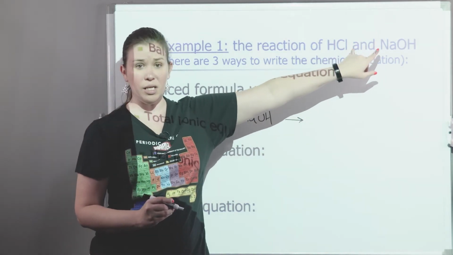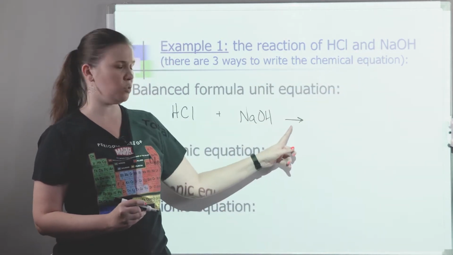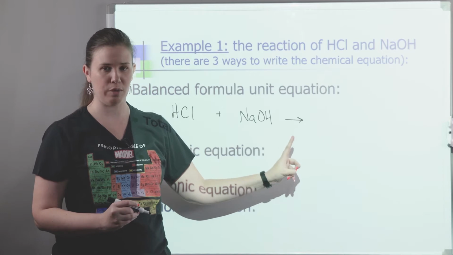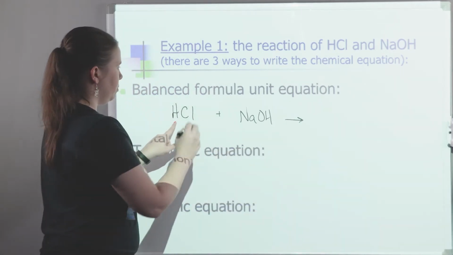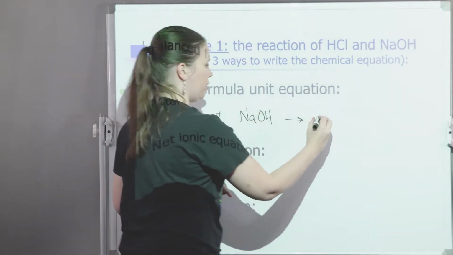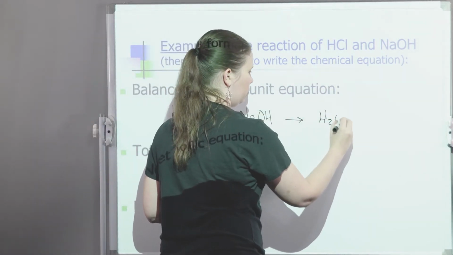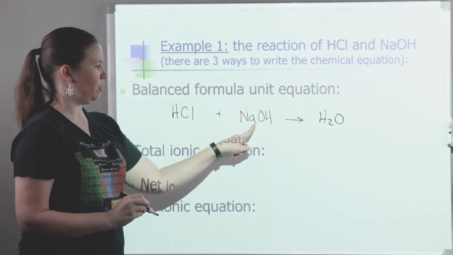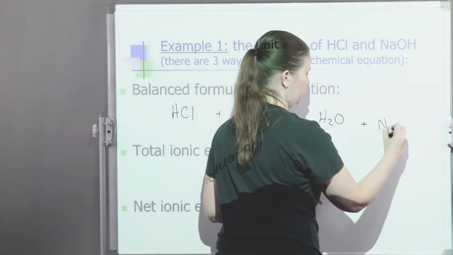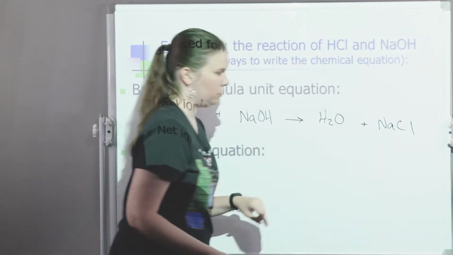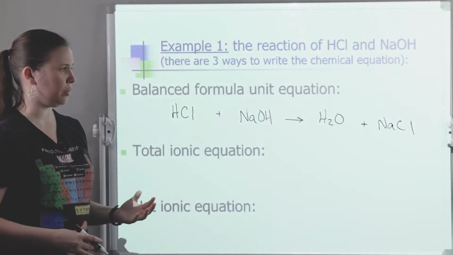If these were weak acids and bases, this would be a two-way arrow, a reversible reaction. We'll talk about that a little bit more in a minute. So let me go ahead and predict my products. So my hydrogen and hydroxide would combine to form water, H2O, and my Na and my Cl would combine to form NaCl. This is basically the reaction we were looking at a moment ago.